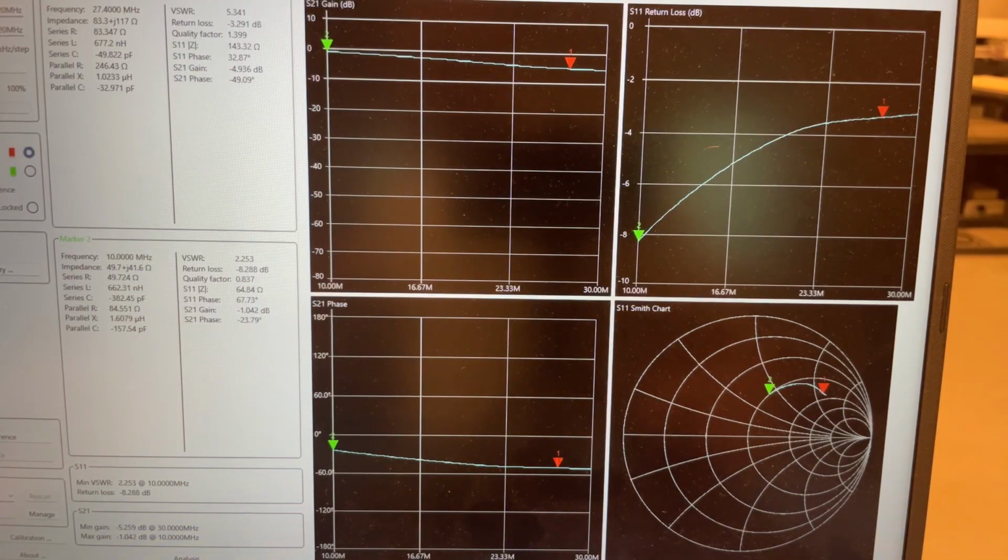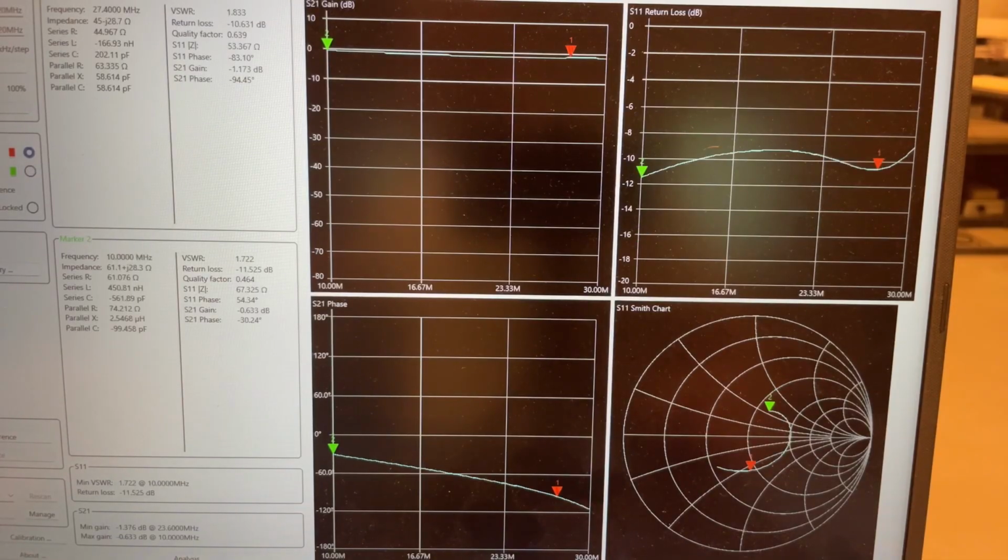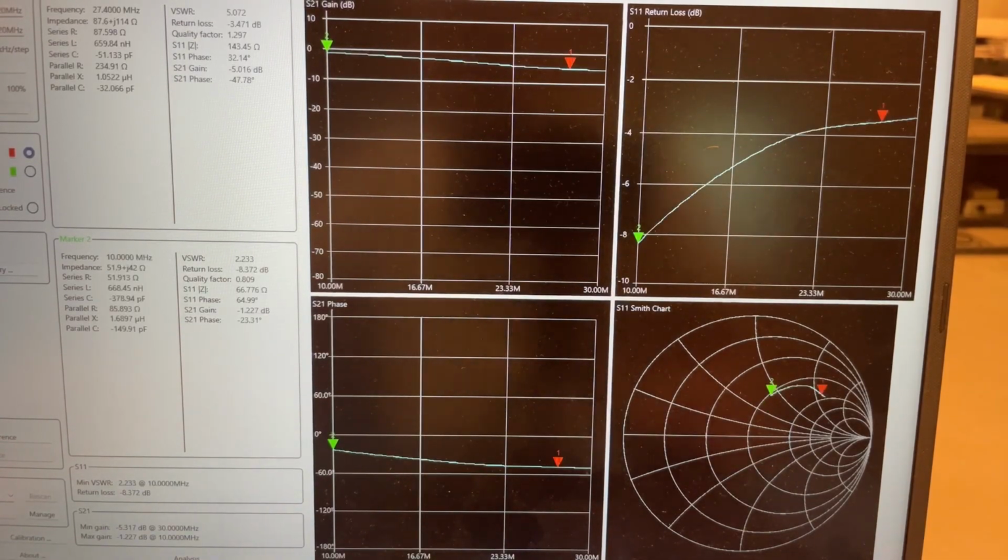I'm going to add that across. And we see some additional improvement, about 1.1 dB. So we divide by 2, gives us 0.55. So very close to my original measurements.